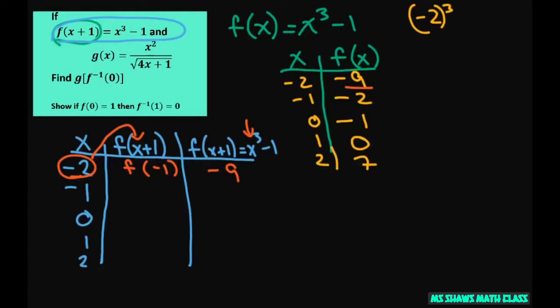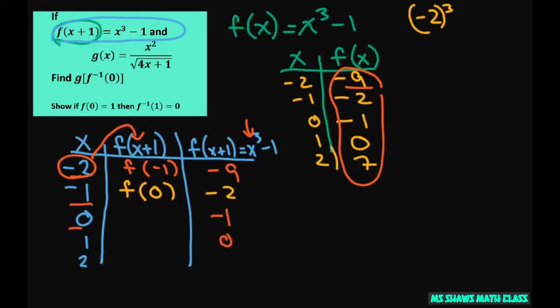When I plug in -1, I'm going to get f of -1 plus 1, which is f of 0. And that's going to give you -2. So basically, this part's going to stay the same because you're still plugging in these numbers. So this is going to be -1, 0, and 7.